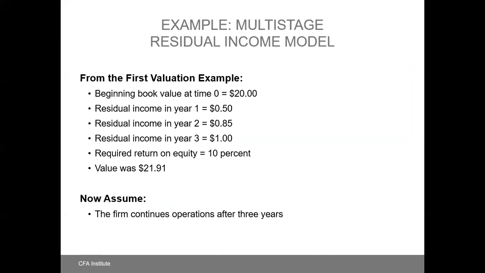Let me show you some numbers. Here in year 1, year 2, year 3, the residual income is growing in some way, and year 3 is the last time at which the firm's residual income grows. After year 3, the firm continues operation, but the growth will continue up to how many periods?